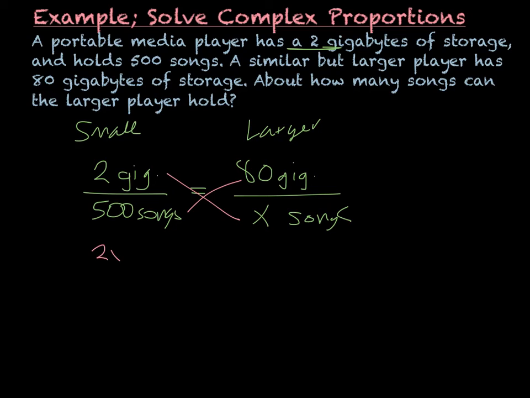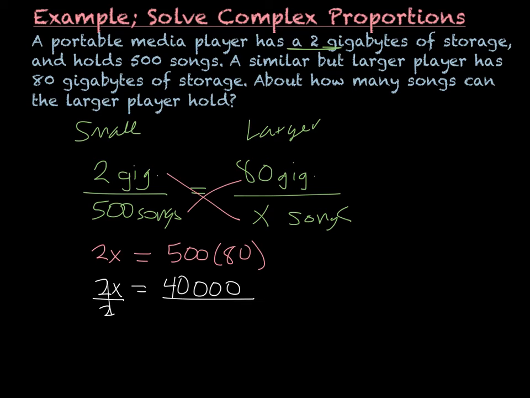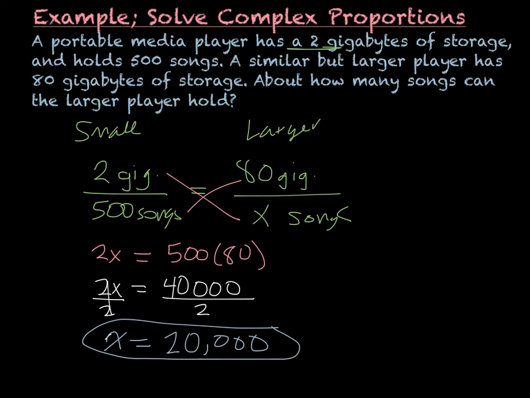So we have 2x equals 500 times 80, which would be 2x equals 40,000. Divide by 2. So x equals 40,000 divided by 2 is 20,000. So the larger player holds 20,000 songs.